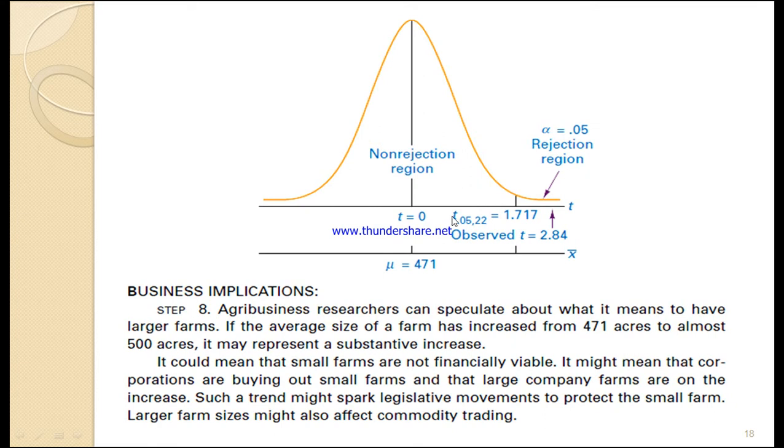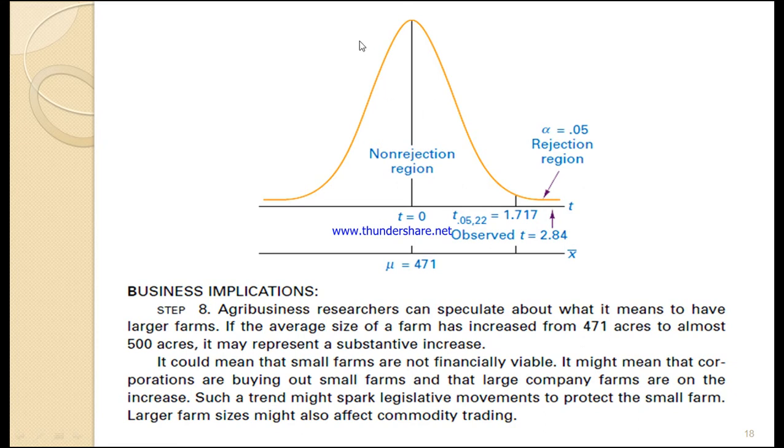The critical t-value is 1.717. Therefore, whenever we obtain an observed value greater than 1.717, we are going to reject the null hypothesis at the 0.05 level of significance. But if the observed t-value is less than 1.717, we are going to accept the null hypothesis.